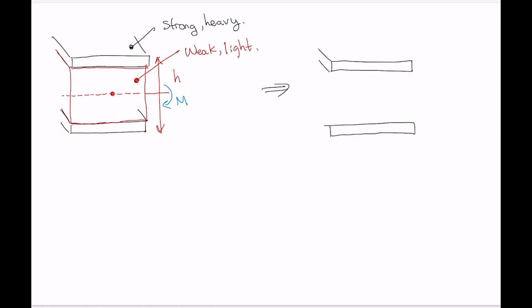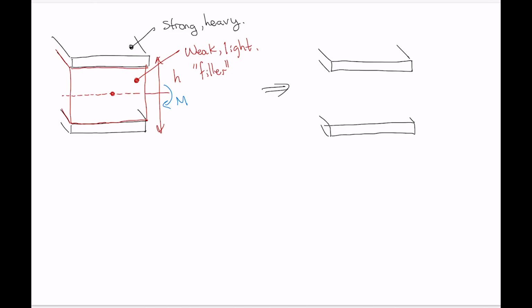And what we want to do is take the light, weak filler material that's inside here, whose only job is to space out the strong, heavy material from the axis of bending, and we're going to replace it by a piece of the strong, heavy material that would deform in the same manner as the weak, light material.